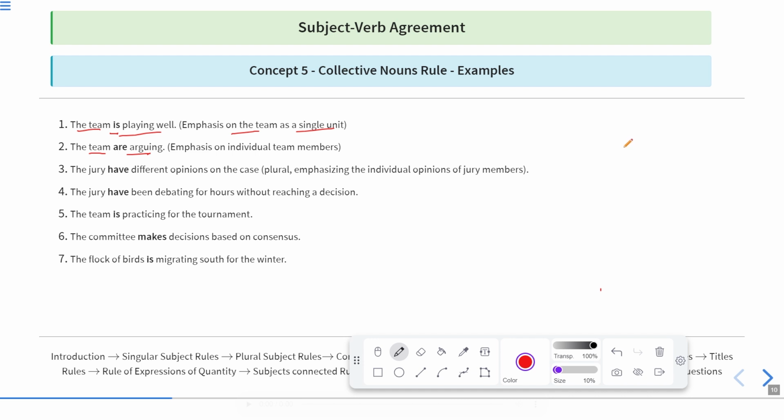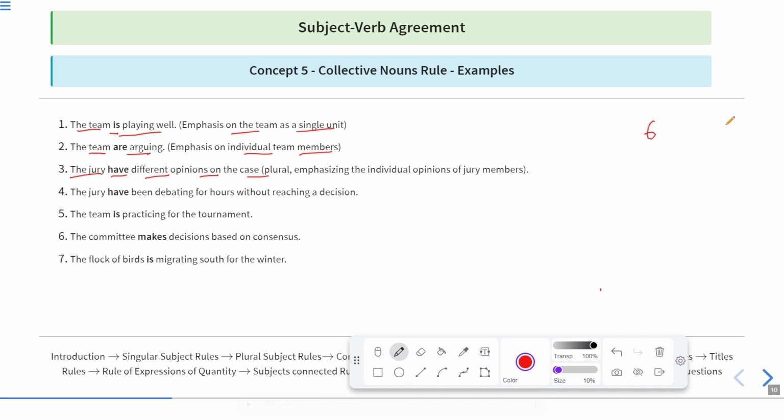It means the members of the team are arguing with one another, so the emphasis is on individual team members or players. "The jury have different opinions on the case." Suppose the jury is a group of judges, and there are 6 judges who are different in their opinions. It means 6 judges are framing different opinions.